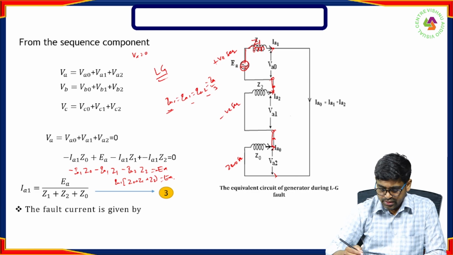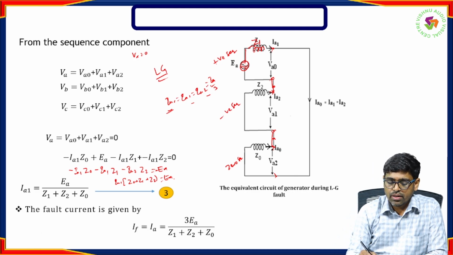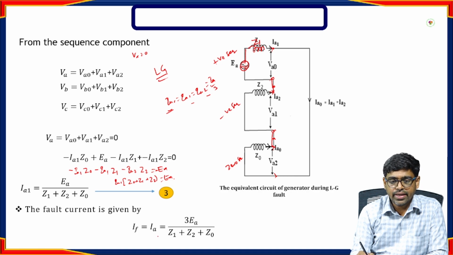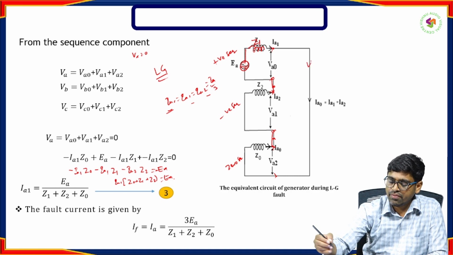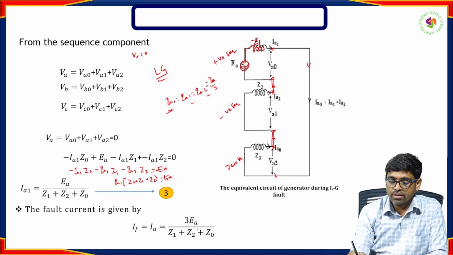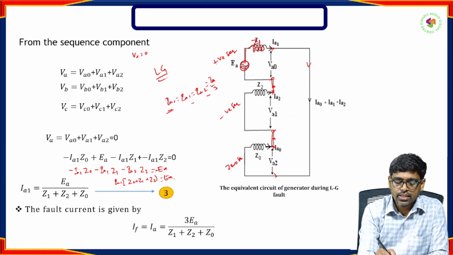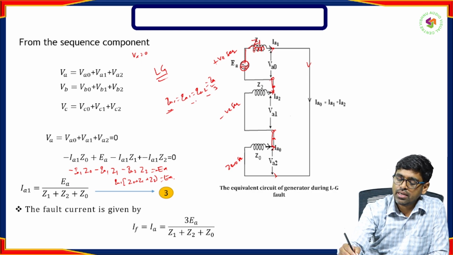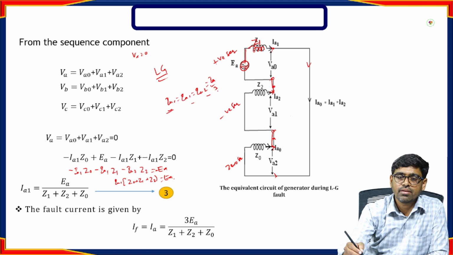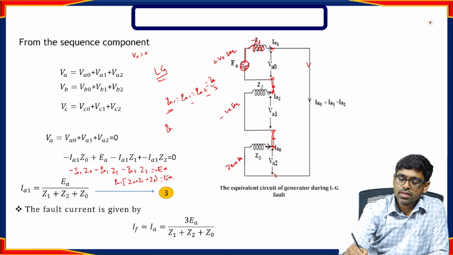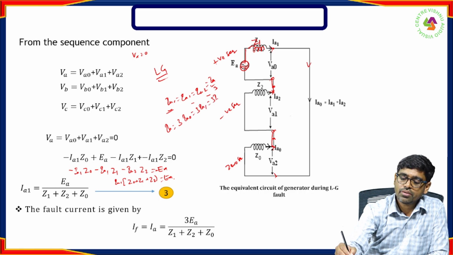The fault current is given by the formula If equals Ia, and that value is 3 times Ea by Z1 plus Z2 plus Z0. Since Ia0, Ia1, Ia2 equal Ia by 3, Ia equals 3 times Ia0, or 3 times Ia1, or 3 times Ia2.